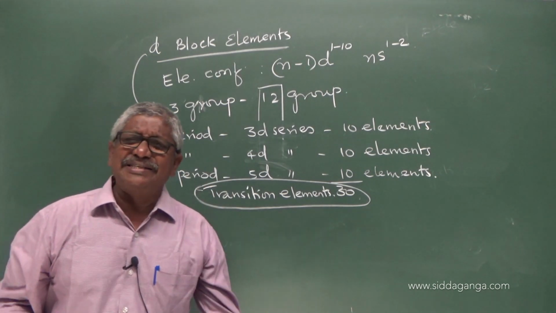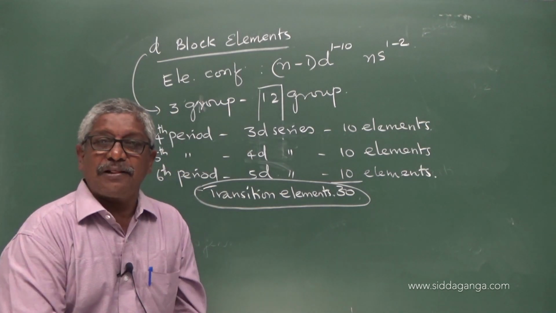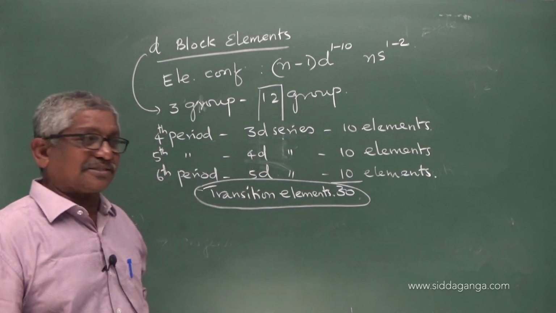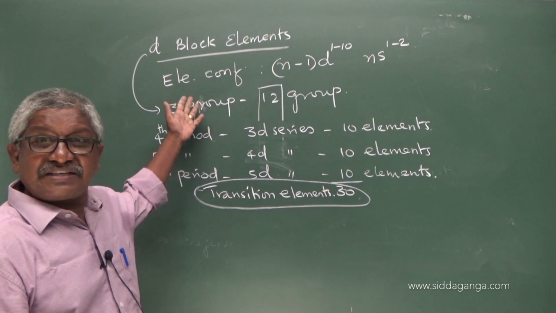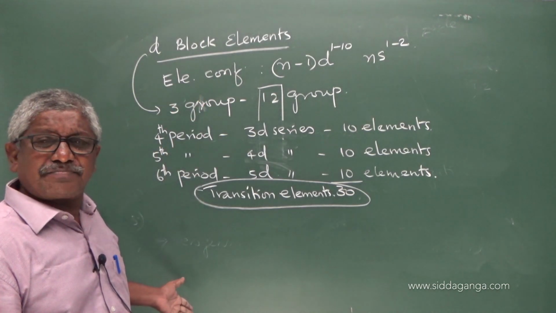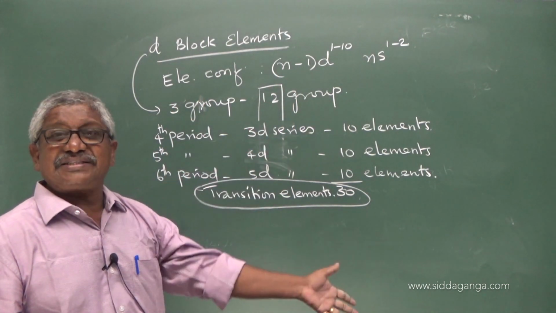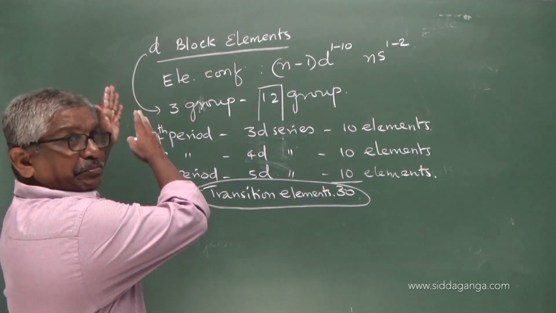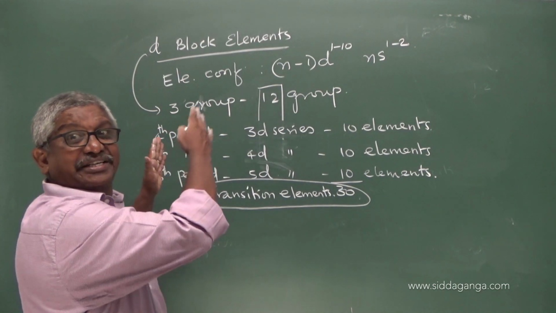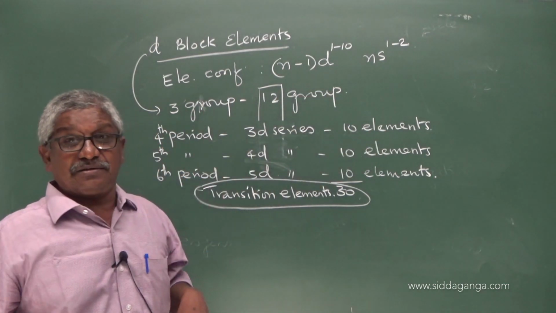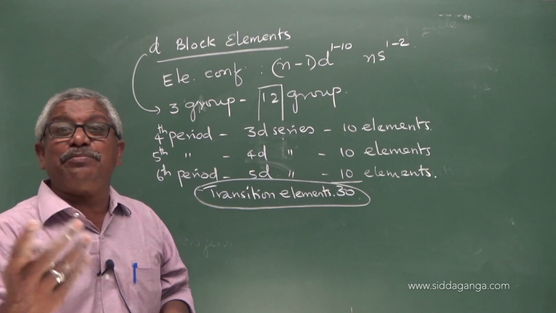What is a transition? Transition means change. What is transited here? In the periodic table, the left hand side has very reactive elements, the right hand side has less reactive elements. If we move left to right in the periodic table, it goes from more reactive to less reactive elements. In between what is coming? The d block.